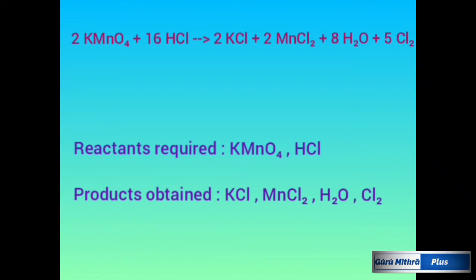Yes, potassium permanganate KMnO4 and hydrochloric acid HCl. Next, what are the products obtained? Yes, potassium chloride KCl, then manganese chloride MnCl2, then water H2O and chlorine Cl2.